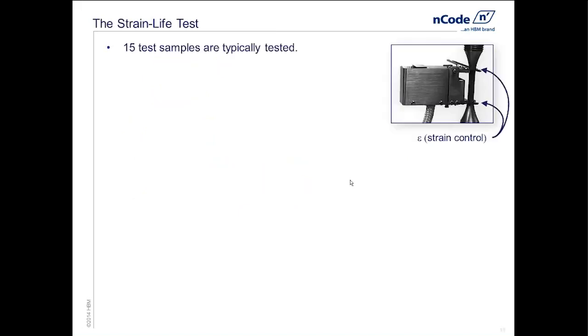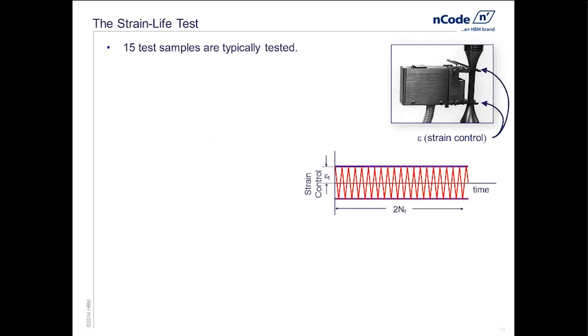So looking at the data coming out of the rig, again, we've had 15 samples. Each sample is run under strain control. And again, you're looking at a close-up here in this picture of that extensometer measuring the gauge length, measuring the strains. And that feeds back into the test rig, and the test rig is always maintaining that strain.